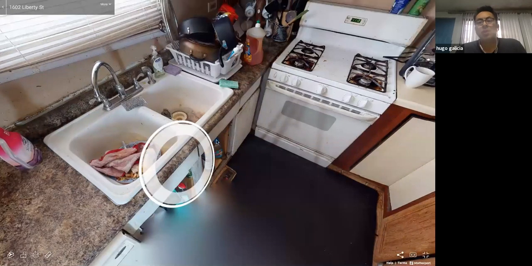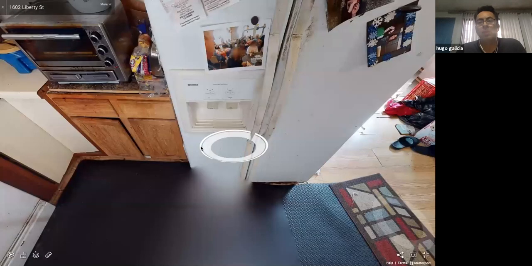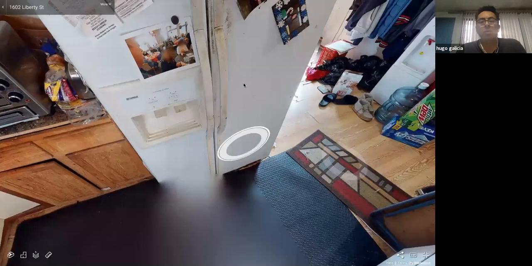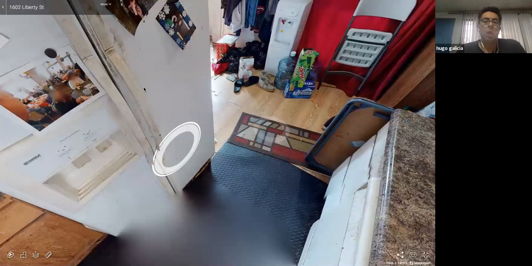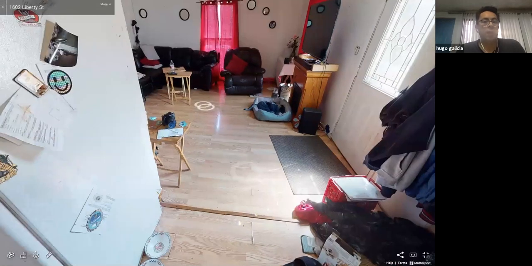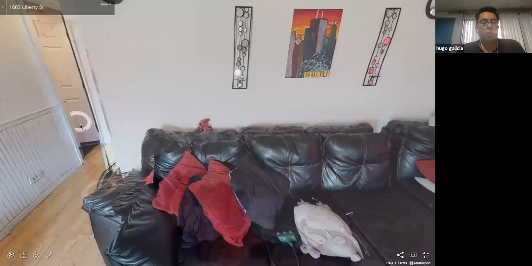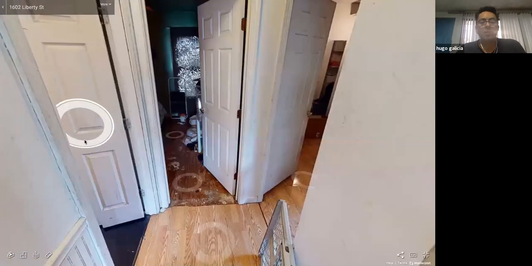So the kitchen is very dated. All the appliances are very dated. So if you want to command higher rents, obviously we need to update the kitchen. So now let's go back into the living area, and then from the living area, let's walk and see what's right here. Let's walk into this room. So this is the first bedroom.